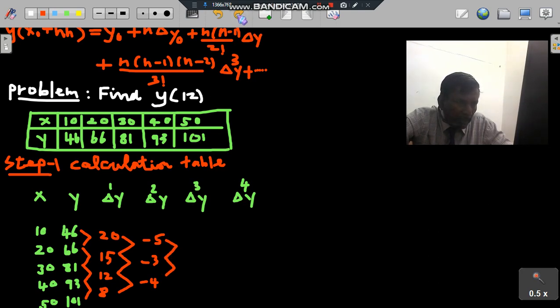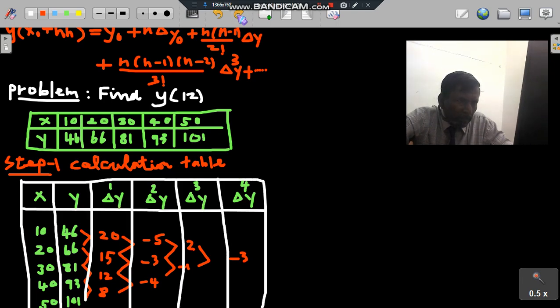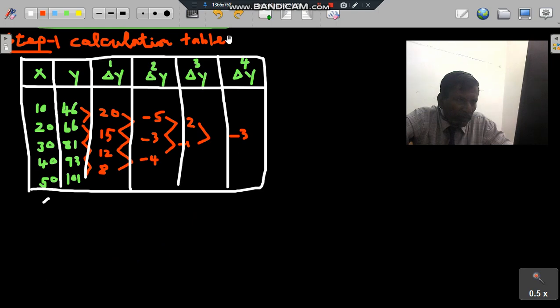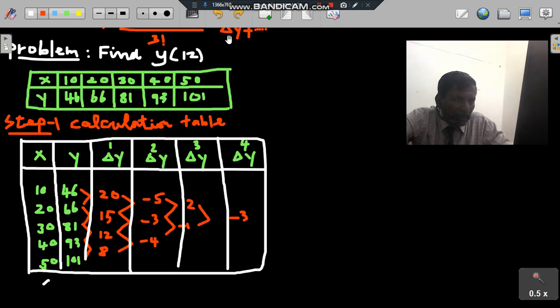Look at that: minus 3 minus of minus 5 is 2, minus 4 minus of minus 3 is minus 1, and now the difference between these two is minus 1 minus 2, minus 3. So this is the way we can calculate this difference table. This is very, very important. The difference table we have to calculate here.